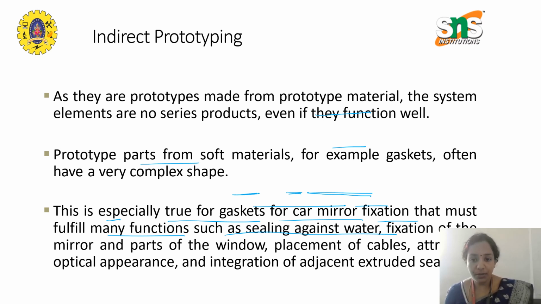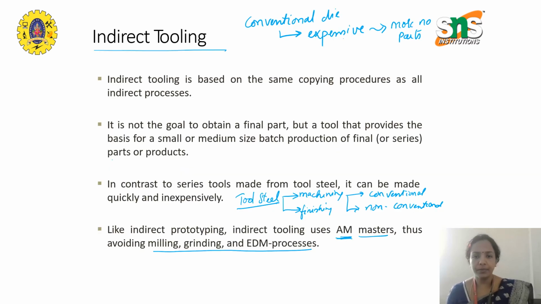Prototype parts from soft materials, for example gaskets, often have a very complex shape. This is especially true for gaskets for car mirror fixation that must fulfill many functions such as sealing against water, fixation of the mirror and parts of the window, placement of cables, and also the optical appearance.